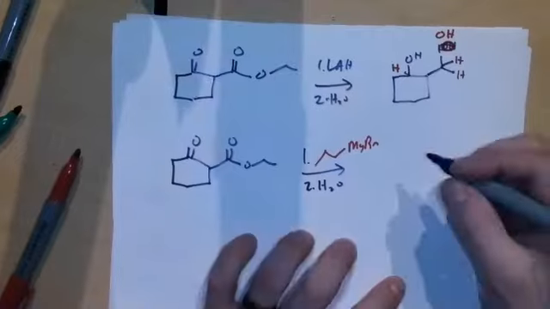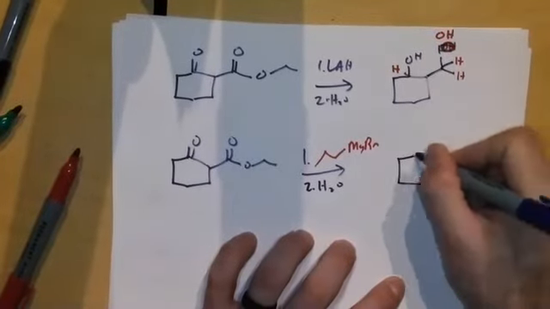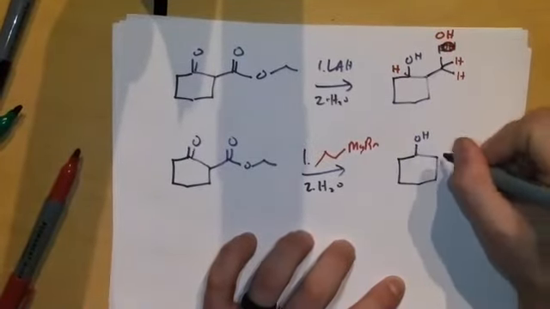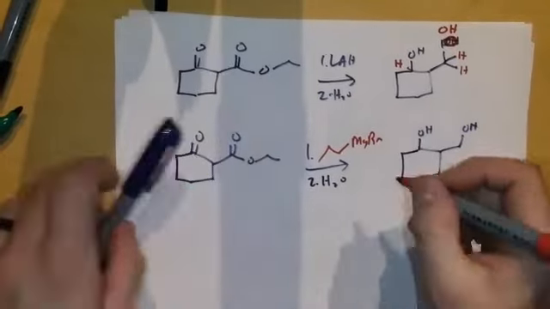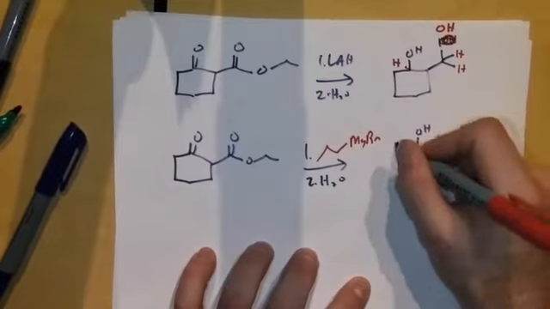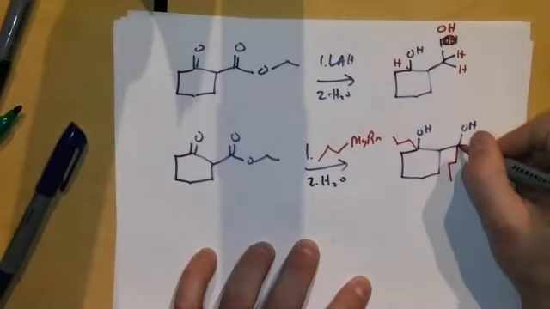We're going to get OH, OH. We're just adding three equivalents. 1, 2, 3, 1, 2, 3, 1, 2, 3.